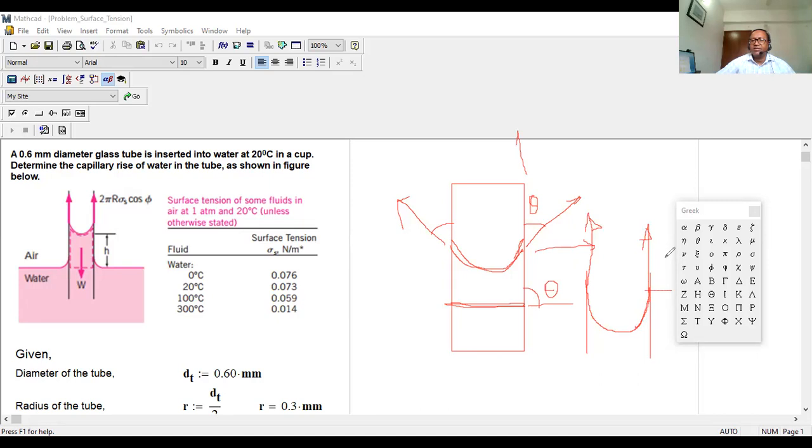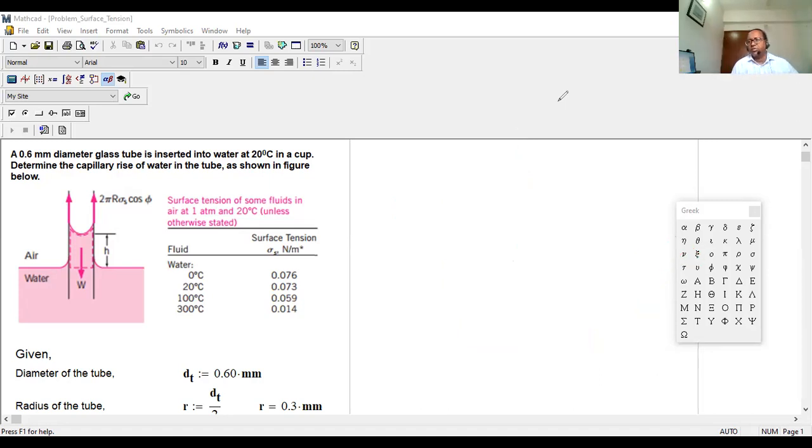In that case, your theta value will be 0. So after you insert the tube in the fluid, if you look carefully, you are able to figure out the angle.